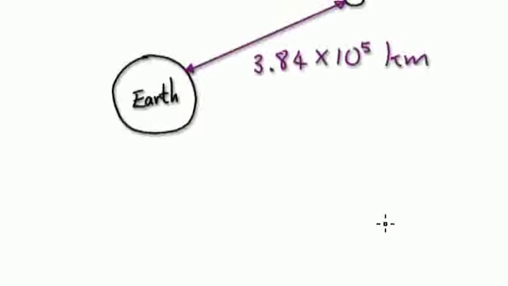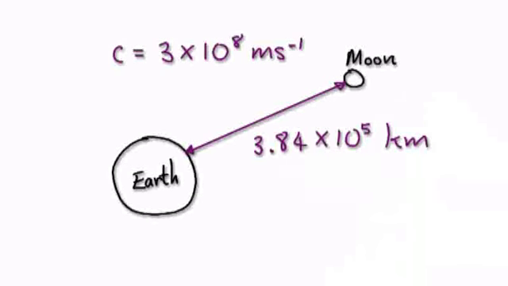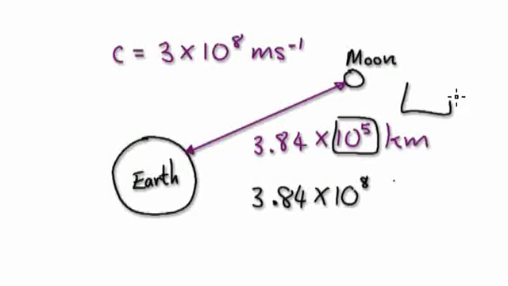So going back to this here, to convert this into meters, it would be 3.84 times 10 to the power of 8, because I would start off here and then I would need to times another 10 to the power of 3.